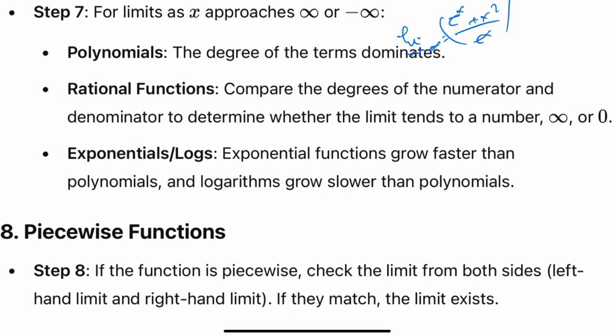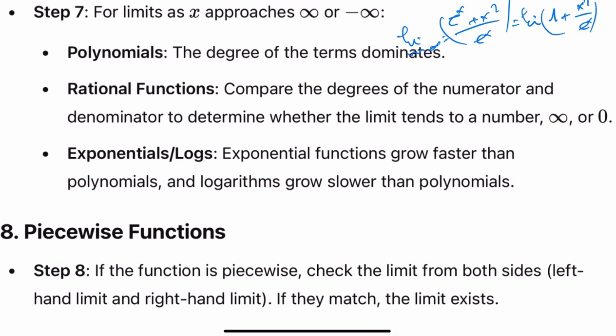So we will get this one divided by this plus this one divided by this, and we will get 1 plus, so the limit is the same as the limit of 1 plus x squared over e to the power of x.